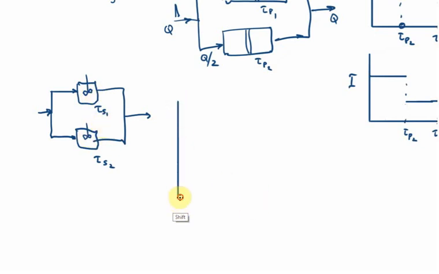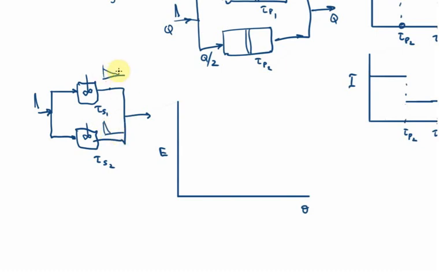So if we have these two in parallel, then we can imagine that we will simply get two exponential decays. So if we pulse some tracer in here, then we can imagine if we could somehow measure at this point, we would get an exponential decay here, and then similarly we'd get a different exponential decay here.